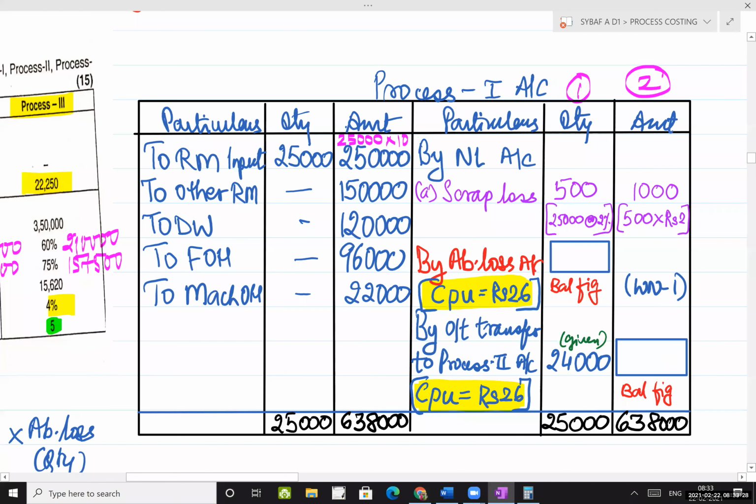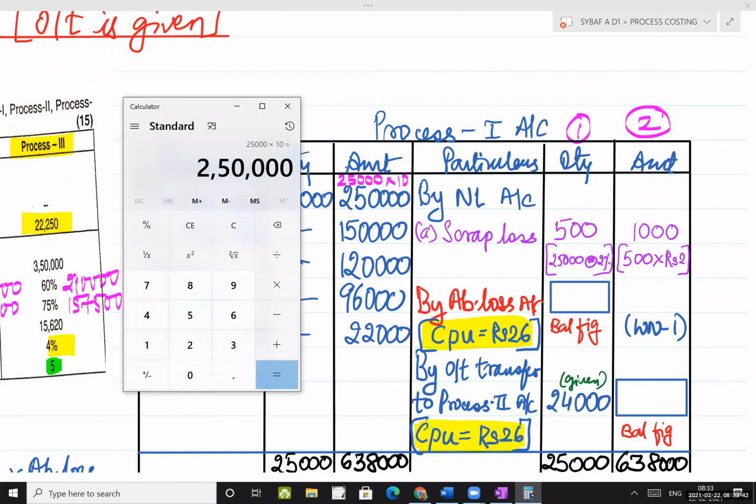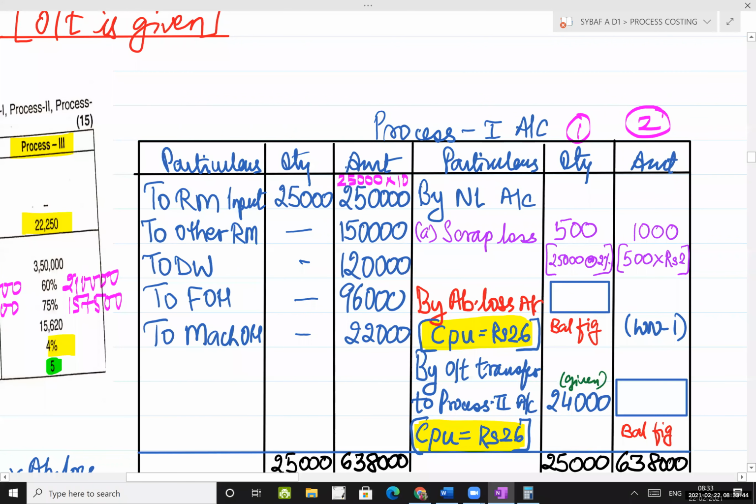To start with first, raw material input. How much? 25,000 kgs. 25,000 into 10 rupees per kg. So that is 2,50,000. Next, raw material 1,50,000. Direct wages 1,20,000. Factory overheads 96 and machine overheads 22,000.